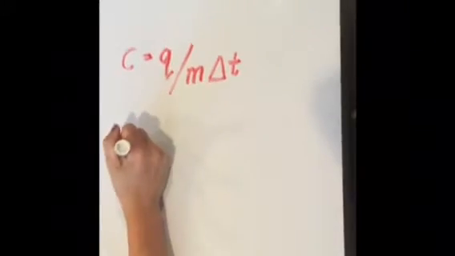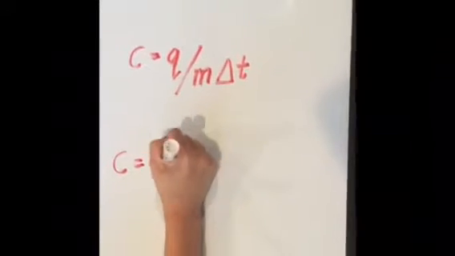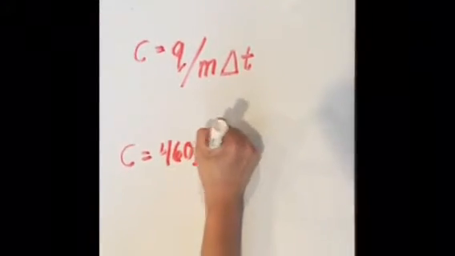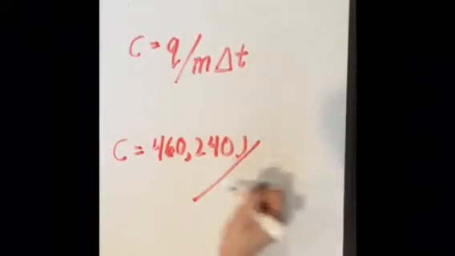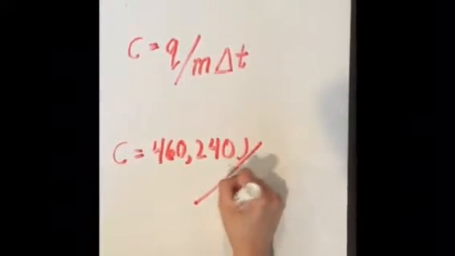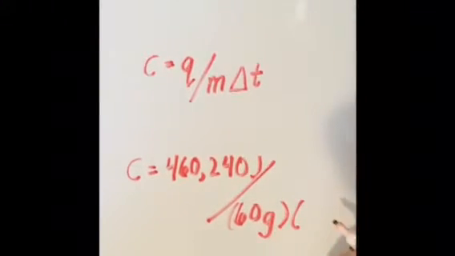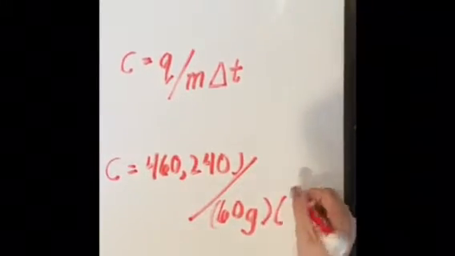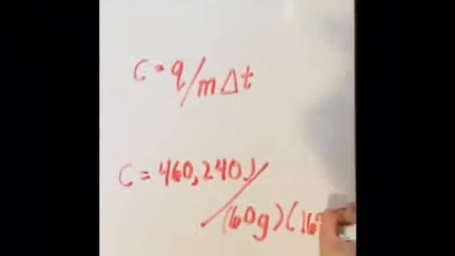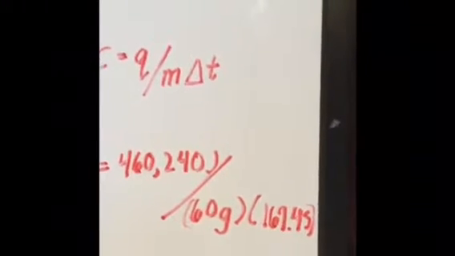So C equals, it was 460,240 joules, and you divide all of that by the mass, which was 60 grams, times the delta T, 169.45. I'll write that in there.